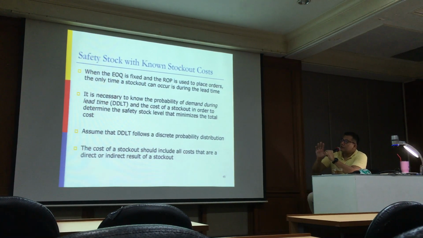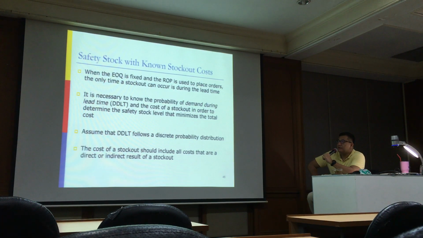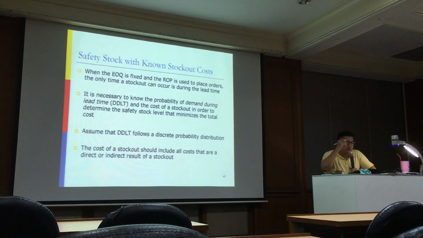So it means the stock out can occur before we reach the lead time. In this case, we need to know the probability of demand during lead time. And the stock out cost is compared with the carrying cost, and then we can calculate by using decision making under risk. So I will show you how we can do that.